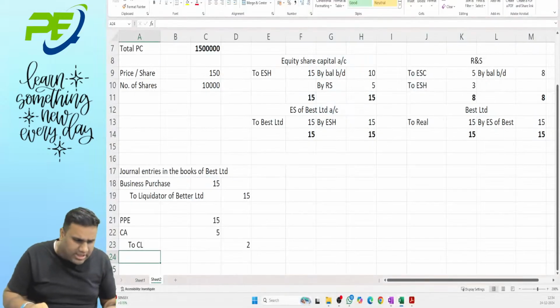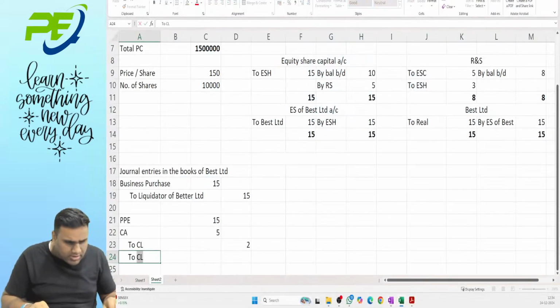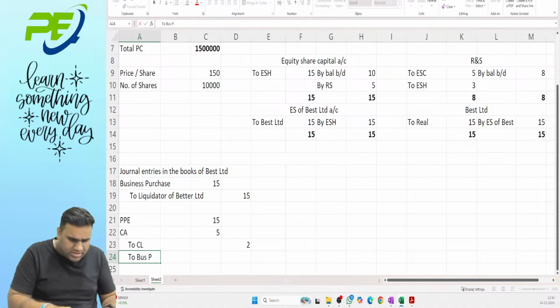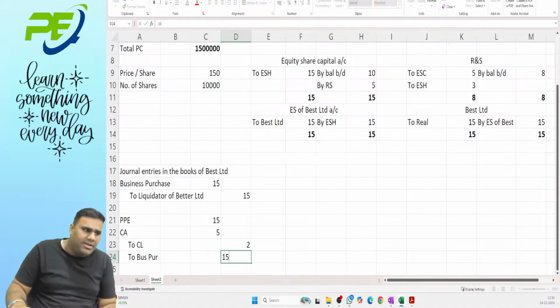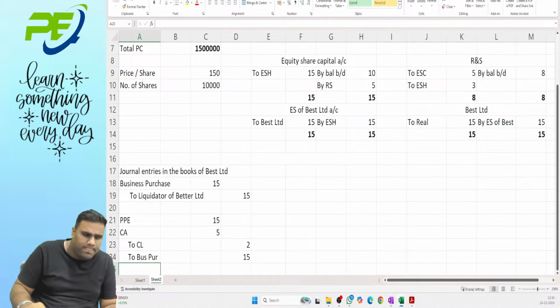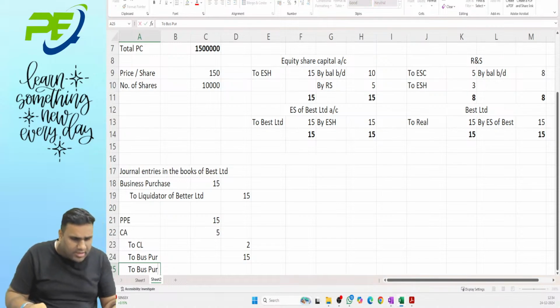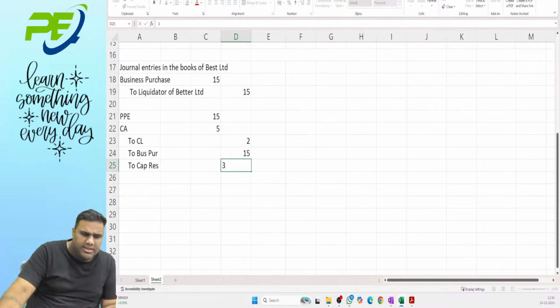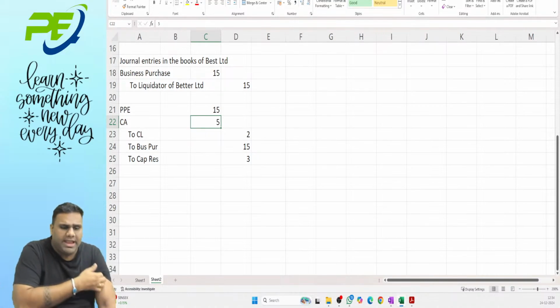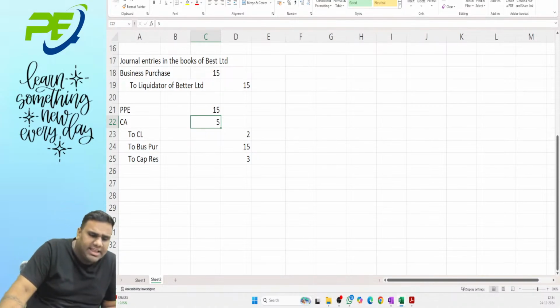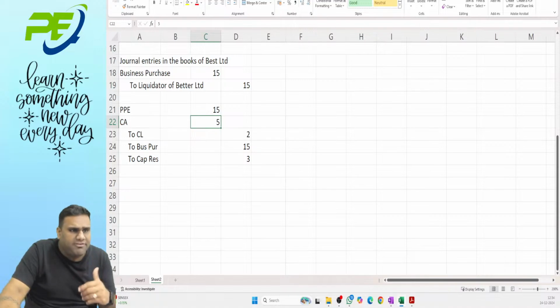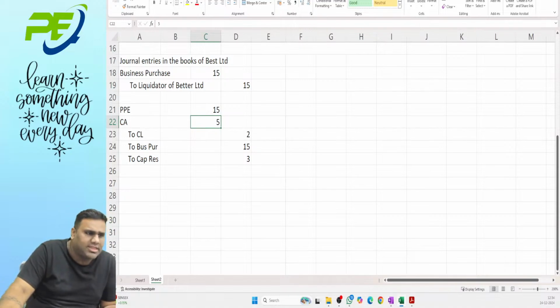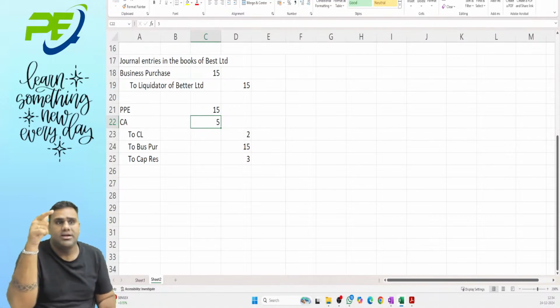PPE 15, correct. Business purchase, where debit and credit are not matching, to capital reserve 3 rupees. Everyone, here we have paid less. We are getting net assets of 18, but we are paid only 15. So 3 rupees is capital reserve.